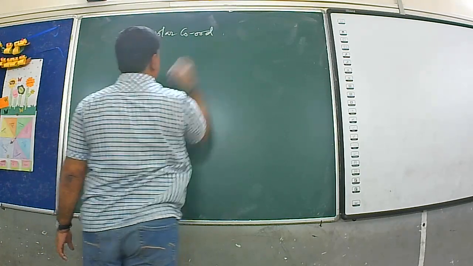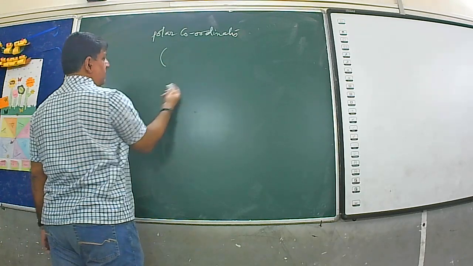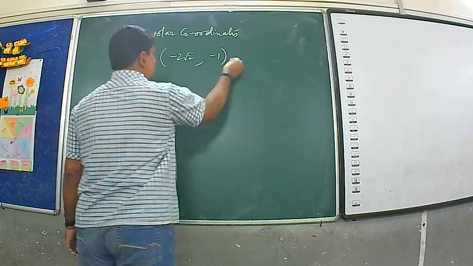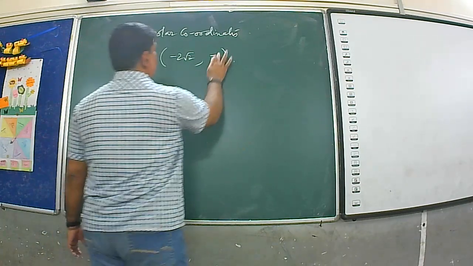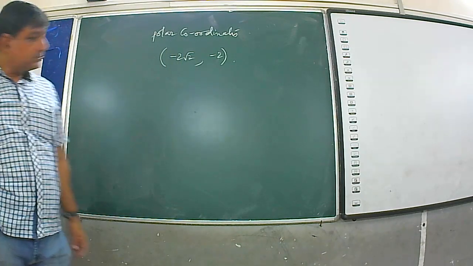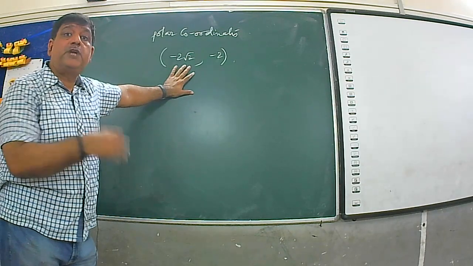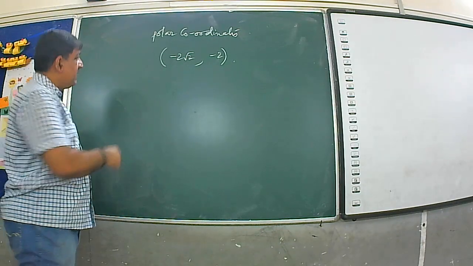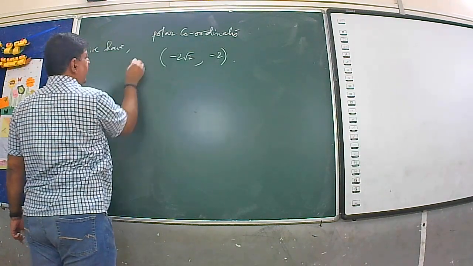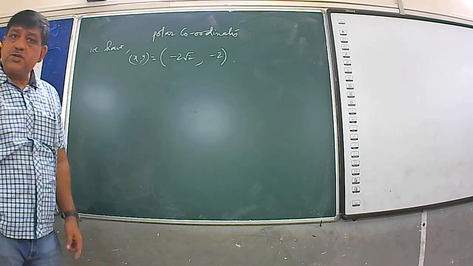If Cartesian coordinates are, say, minus 2 root 2 comma minus 2, find the polar coordinates of this point. So we have x comma y equal to minus 2 root 2 comma minus 2.